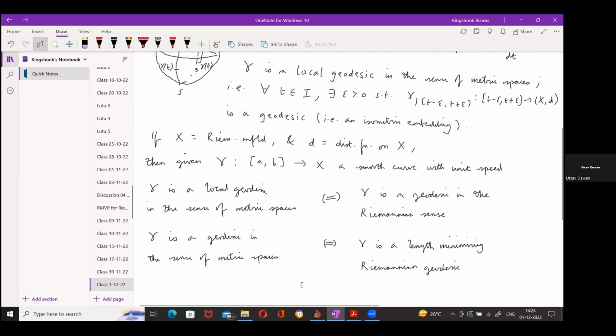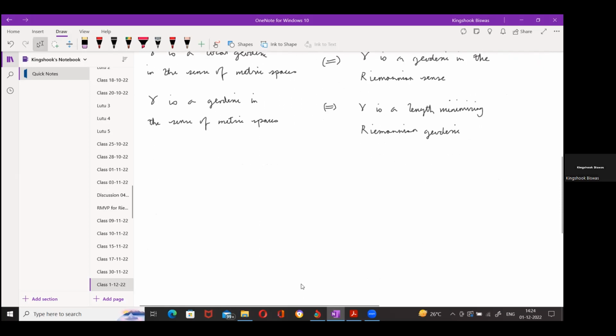Okay, so for example, we saw this example on a genus 2 surface, say a hyperbolic surface, a quotient of H2, the hyperbolic plane. Given any two points, there will actually be infinitely many Riemannian geodesics joining them, but only one will be length minimizing.